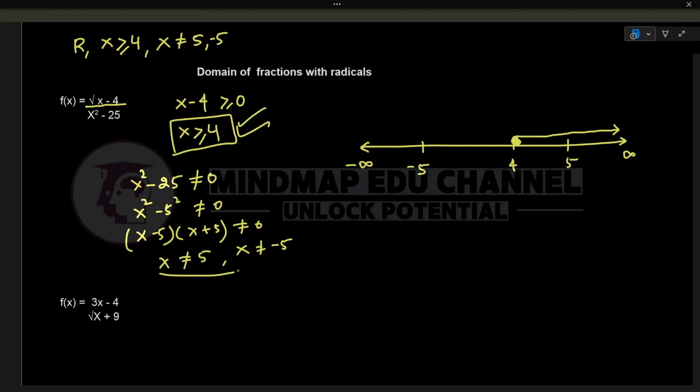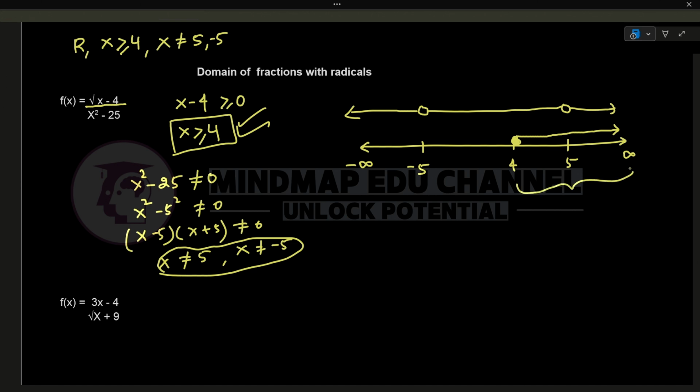From the second result, the domain cannot take the numbers minus 5 and 5, so there you will have an open circle, and other than that, all numbers are included in the domain. Now, check the area where the two number lines are intersecting. So, it is from here to here. So, what will be the domain? The domain will be 4 to 5 union 5 to infinity. Be careful while writing the brackets.